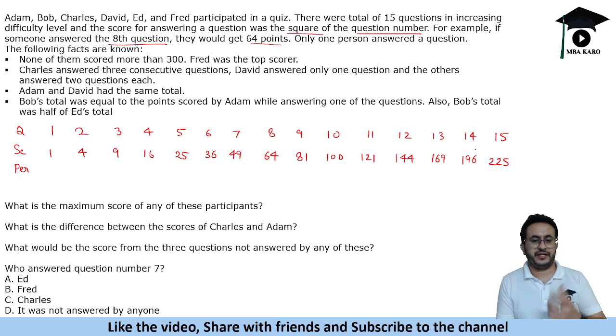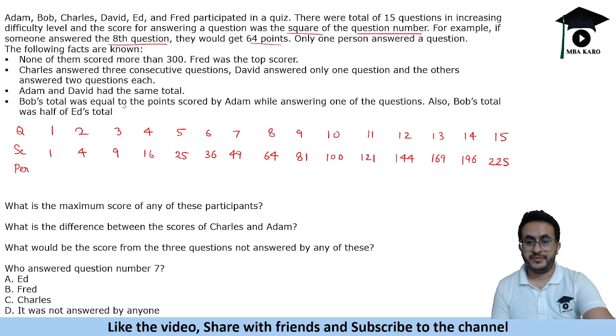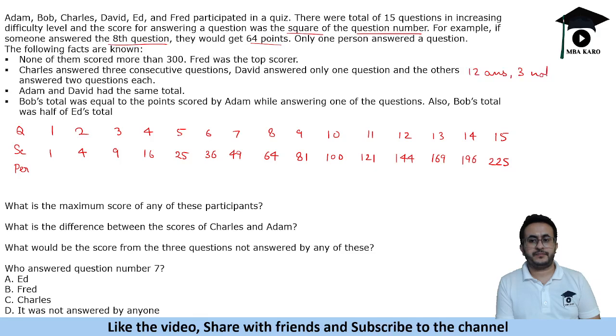So these are the scores that they will get for answering the question. None of them scored more than 300. Charles answered 3 questions, David answered only 1 question, so 4 answers, and the others answered 2 questions each. So a total of 12 questions are answered, 3 questions are not answered.